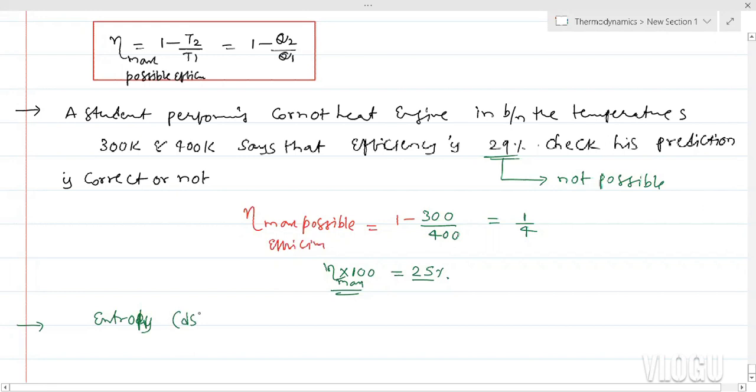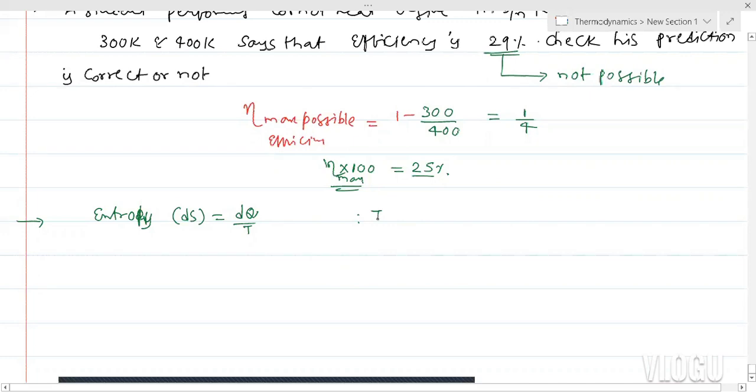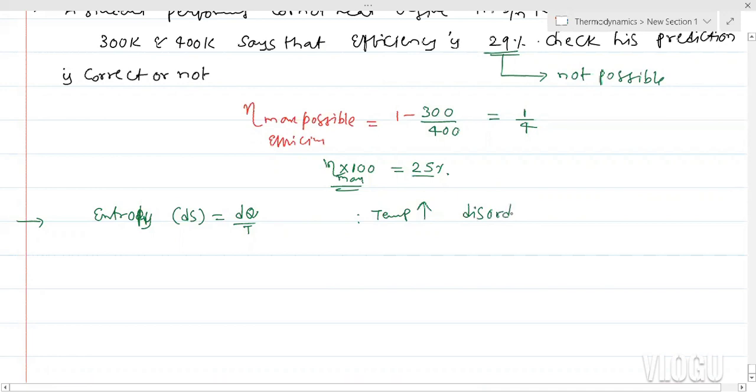Entropy means dS equals dQ by T. From here we understand that when temperature increases, disorderliness increases, so dS is positive.